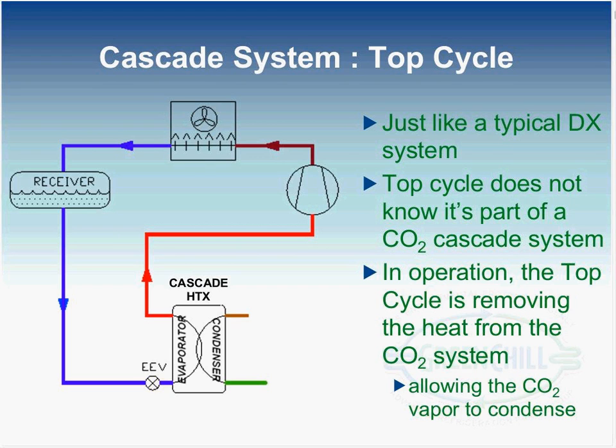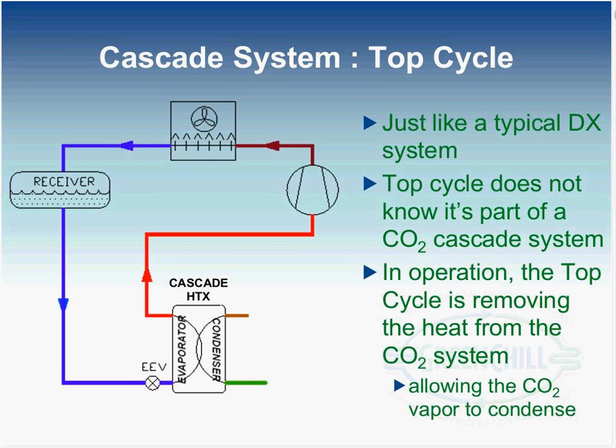Start at the upper left-hand portion, which we refer to as the top cycle. For applications of a Cascade system with CO2, in this top cycle refrigeration system, the primary refrigerant is typically used. For the sake of this discussion, we'll assume that refrigerant is an HFC refrigerant, such as 404A or 407A or something of that nature.